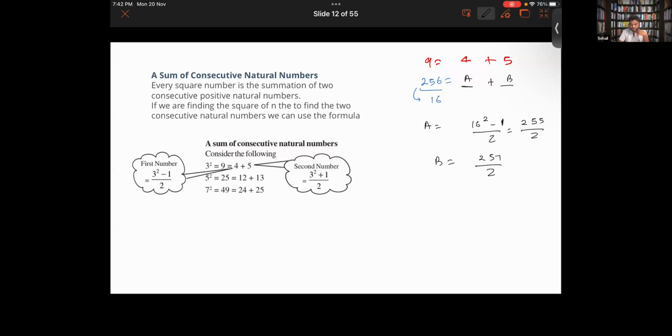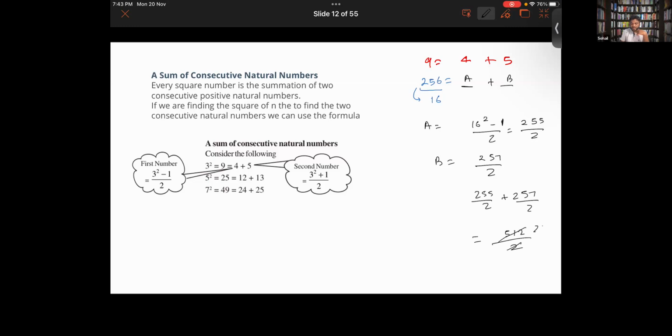So when I add the two numbers, 255 upon 2 plus 257 upon 2, take the LCM as 2. 255 plus 257, that is how much? 512.